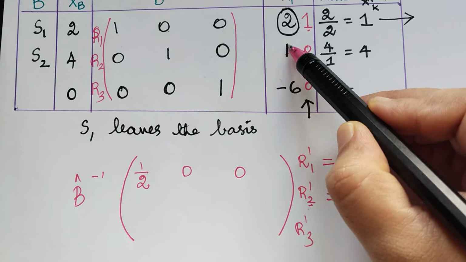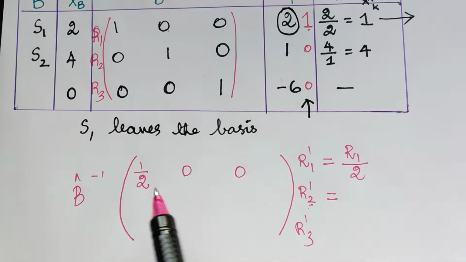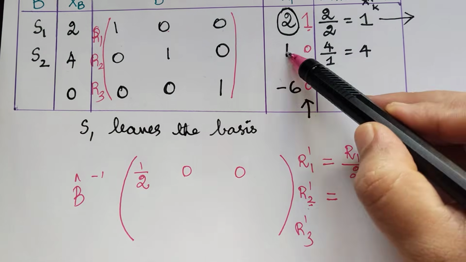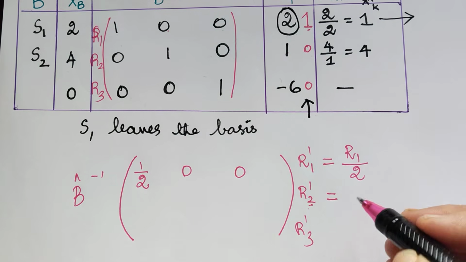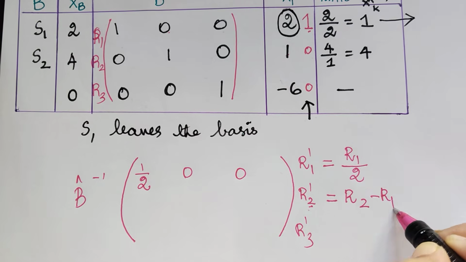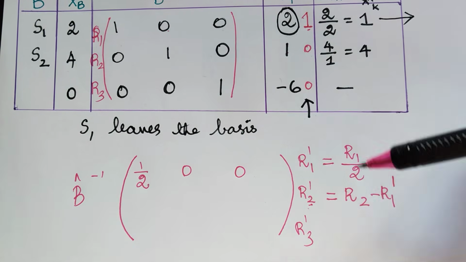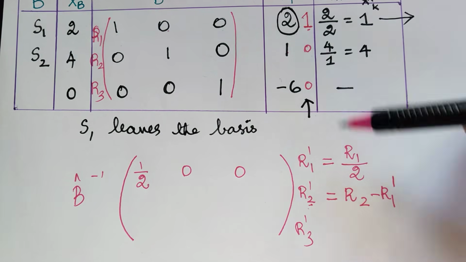What can we do? We can subtract this 1 with this new 1, and this new 1 is in row R1 dash. So 1 minus 1 is 0. So we make it R2 minus R1 dash.